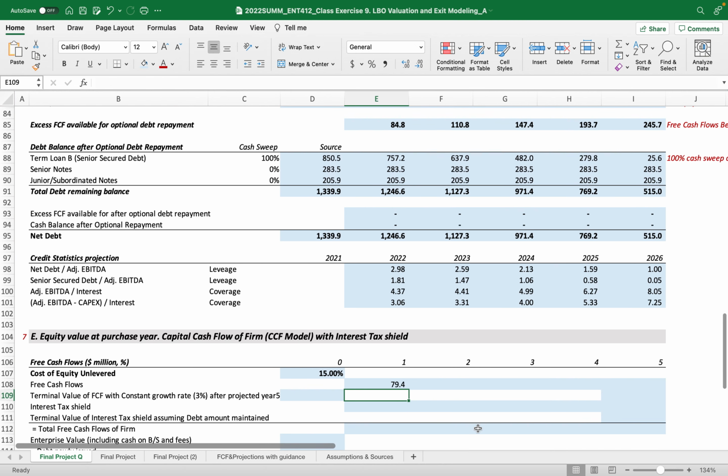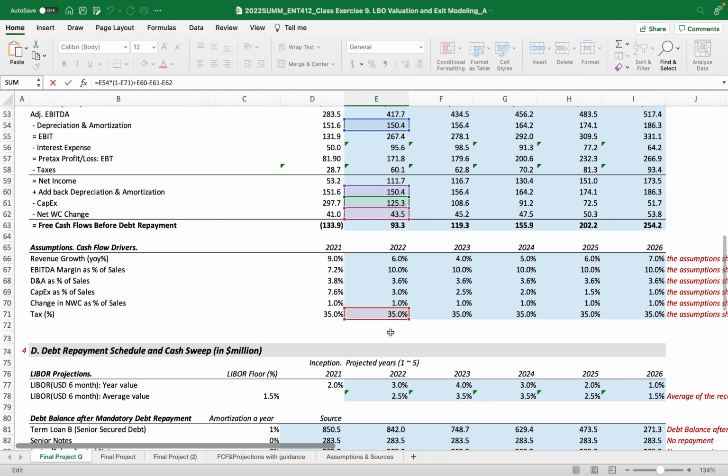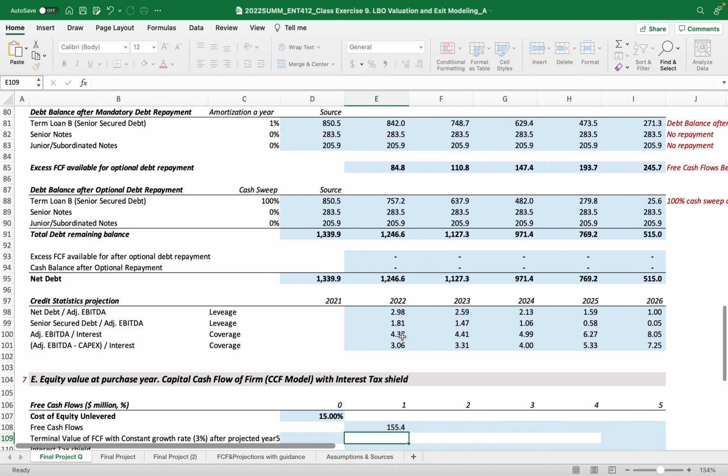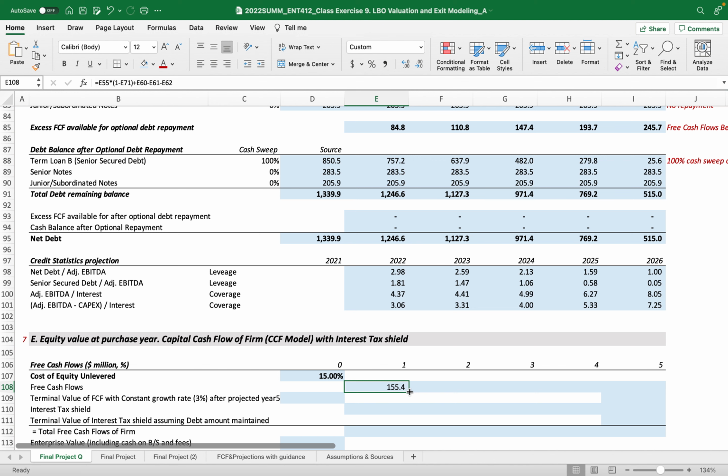So we have the first year's free cash flows like this. Oh, yeah, I made a mistake here. Okay, and then let's just drag it to the right. Now we have all the free cash flows.